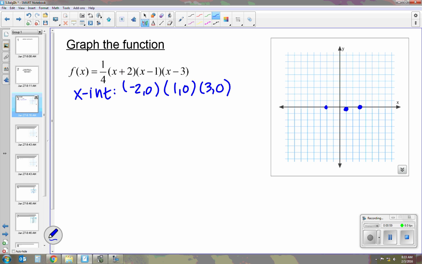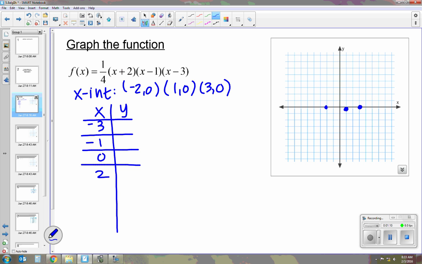So two points beyond. So I'm going to write my table of values, and I'm going to use the points -3, -1, 0, 2, and 4. So I'm going to use those that go in between our zeros and beyond them.